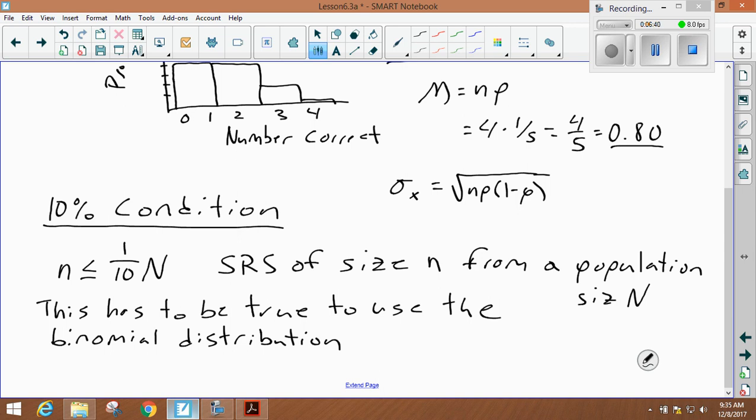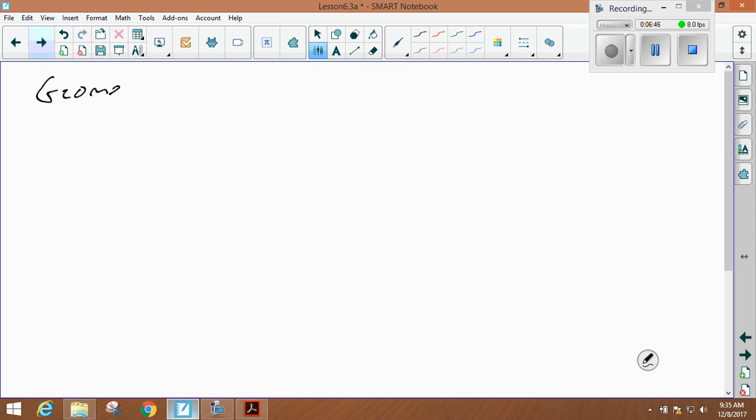All right. Let's talk about the geometric setting. So we were looking before at the difference between a binomial and a geometric setting.